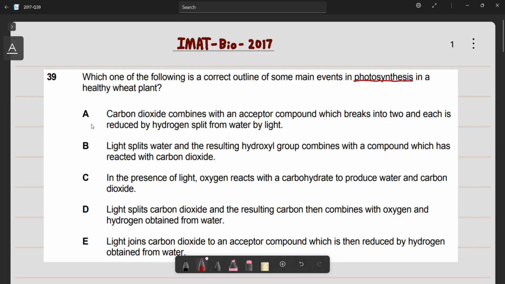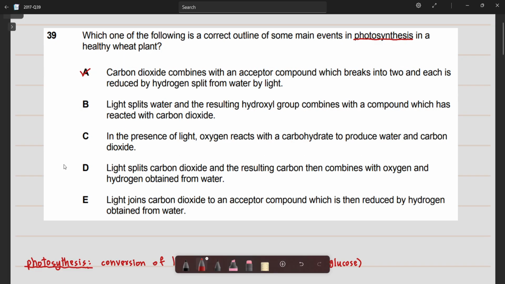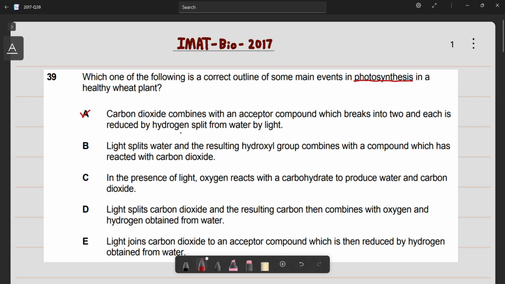Option A says carbon dioxide combines with acceptor compound which breaks into two, and each is reduced by hydrogen split from water by light. We can easily mark it as correct, as I've explained the entire process over here. The simple thing is that it mentions carbon dioxide combines with an acceptor compound.